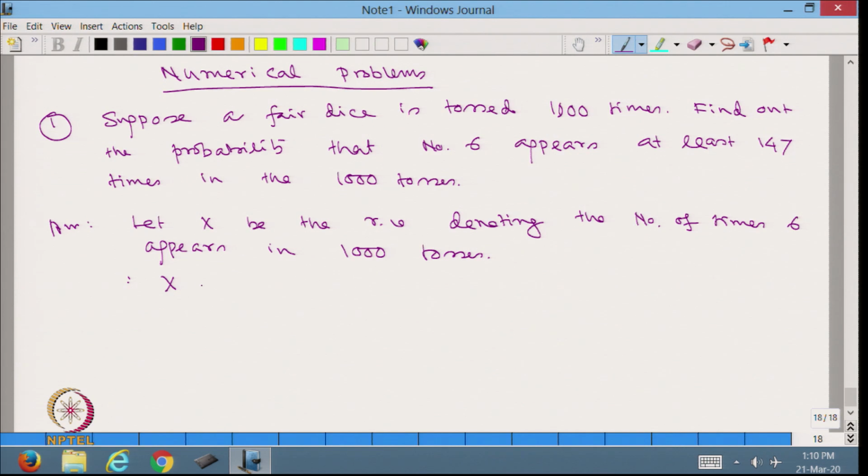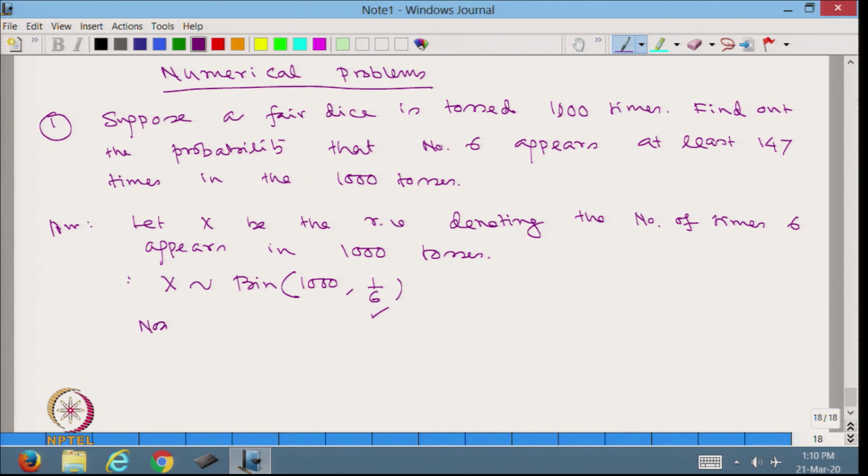Therefore, X is distributed as binomial with 1000, 1 by 6. This is because it is a fair die. Therefore, each face has the same probability 1 by 6.